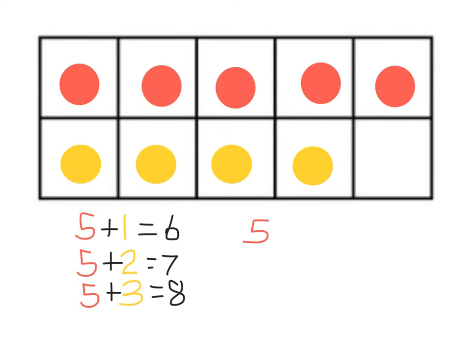I see 4 yellow counters, so I can write plus 4 equals how many in all? 5, 6, 7, 8, 9. So the sum is 9.